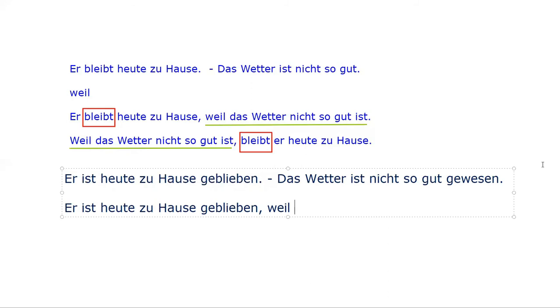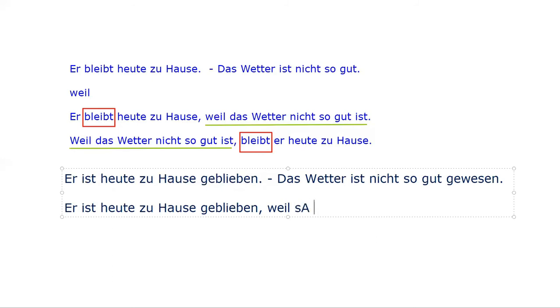I mean the auxiliary verb being the main verb, because this is a verb that declines, whether it's wir sind, das Wetter ist, sie sind, ist. This is the verb that has to go to the end. The verb that is usually at second place goes to the end. So you already have a verb here, but ist has got to go to the very end.